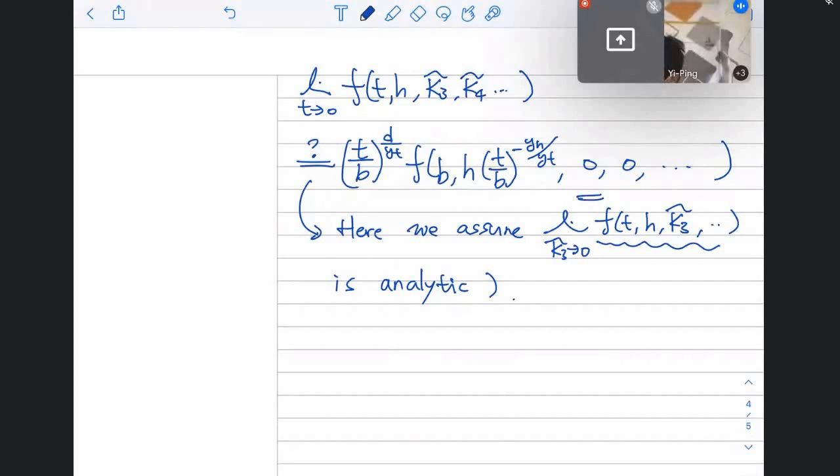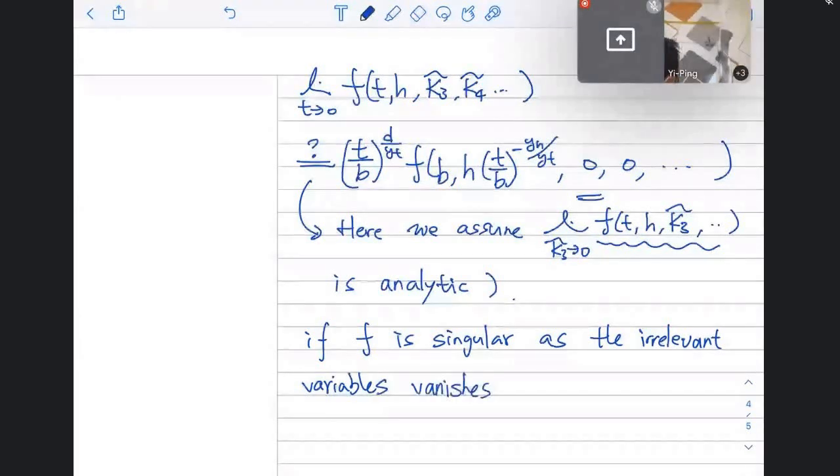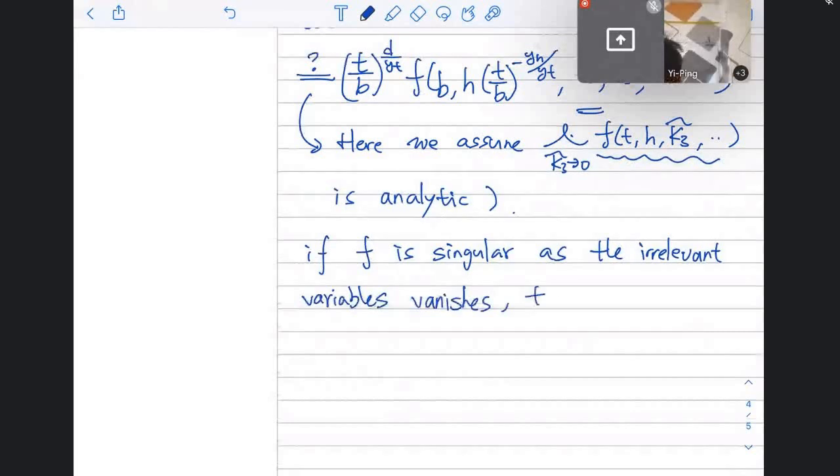So if this happens, that is, f is singular as the irrelevant variables vanish, then the irrelevant variables play a role, so we give it another name: dangerously irrelevant.